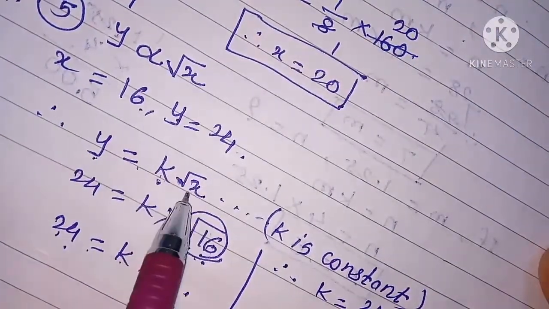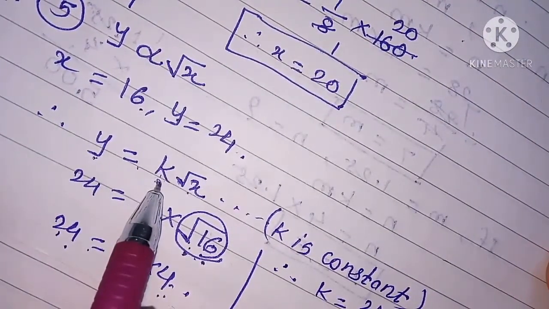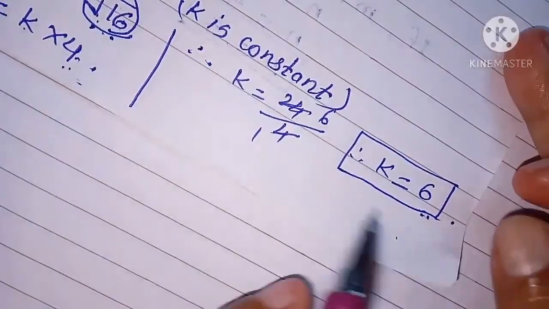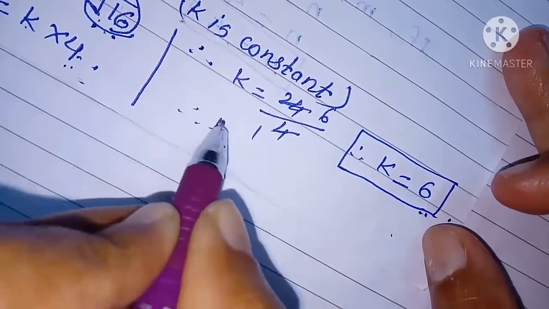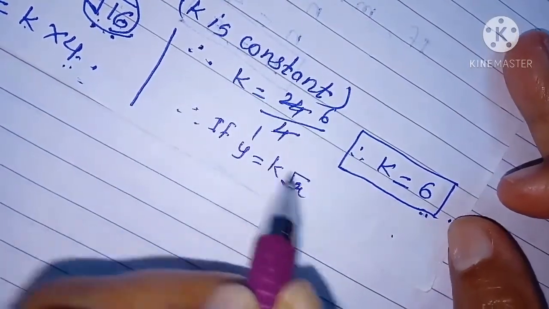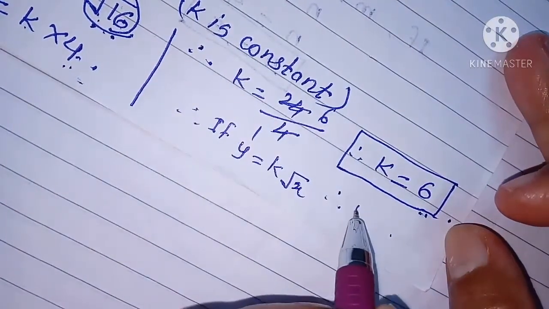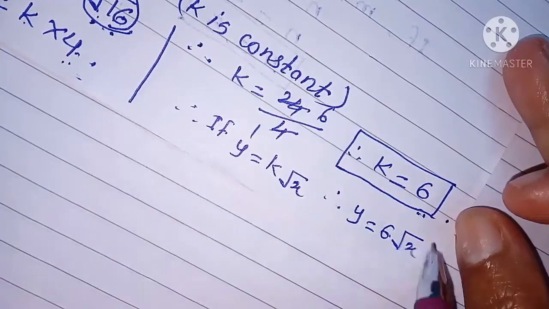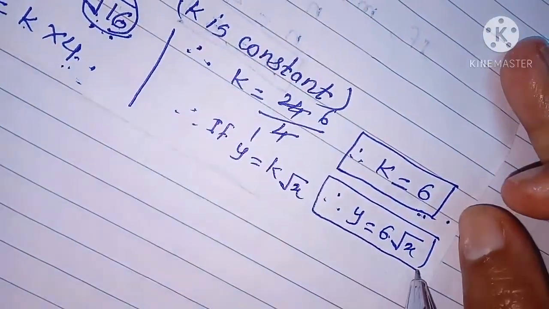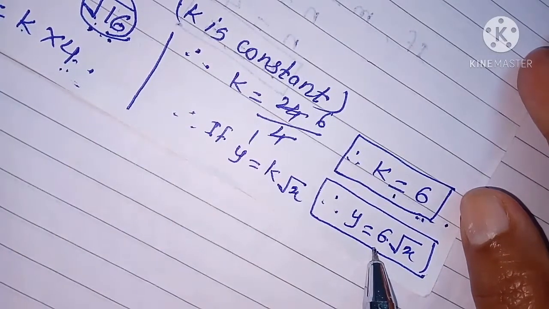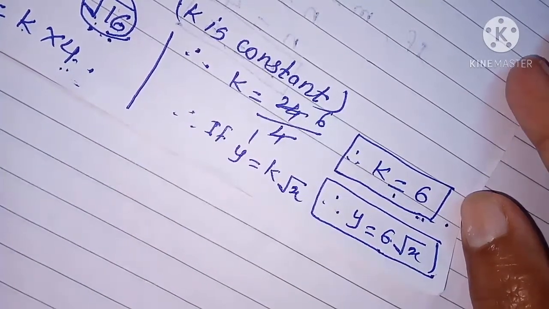So in place of k, you have to write the constant of variation, that is 6. Therefore, y is equal to 6 root x. This is the equation. This is the constant of variation and this one is the equation.